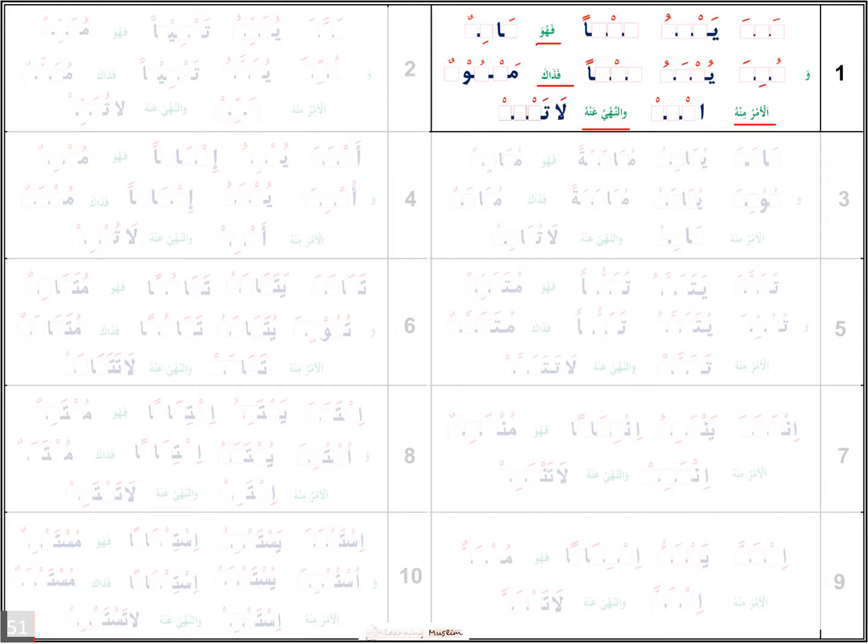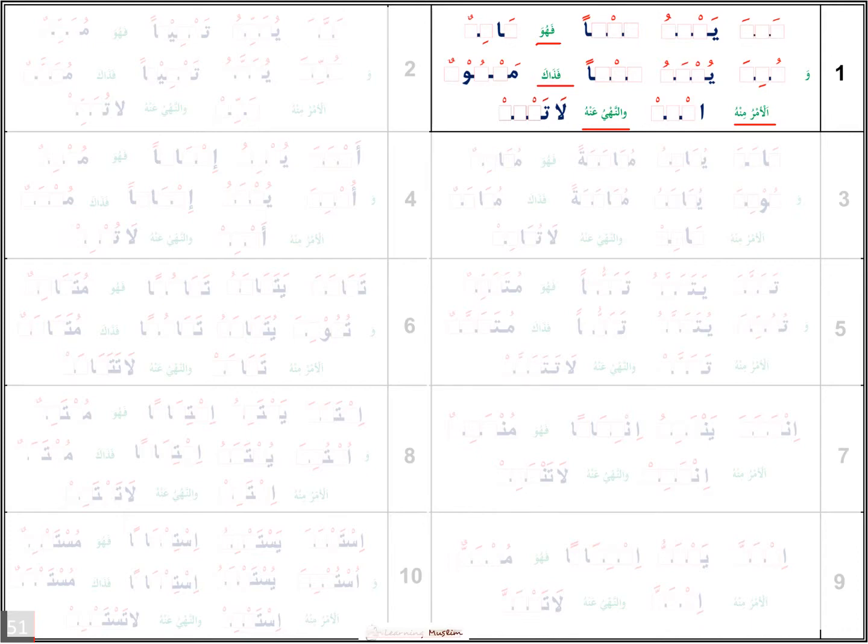So ضرب يضرب ضربا فهو ضارب وضرب يضرب ضربا فذاك مضروب الأمر منه اضرب والنهي عنه لا تضرب. Another one would be نصر. So نصر ينصر نصرا فهو ناصر ونصر ينصر نصرا فذاك منصور الأمر منه انصر والنهي عنه لا تنصر.